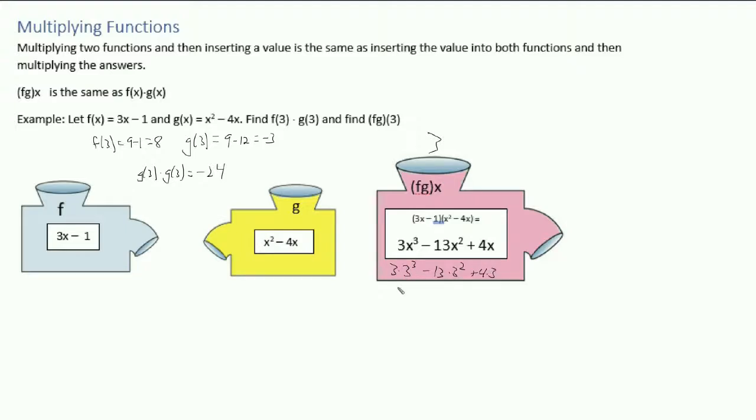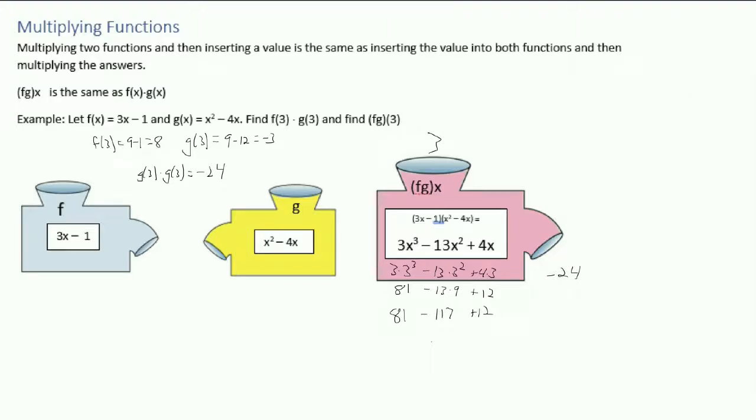This is 81 minus 13 times 9 plus 12. 13 times 9 is 117, so we have 81 minus 117 plus 12. 81 and 12 is 93, and negative 117 plus 93 is negative 24, so we get the same thing.